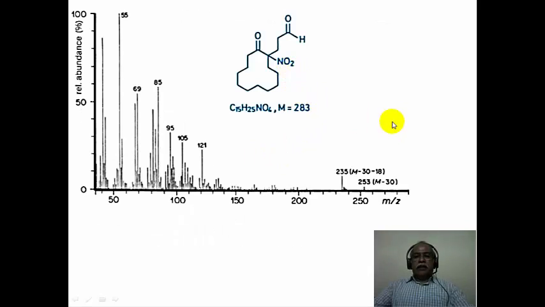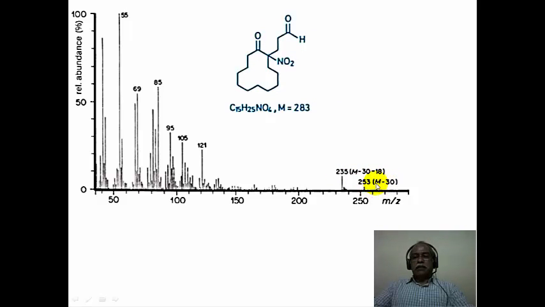This is a trifunctional molecule. There is a keto functional group, there is a nitro functional group, and there is an aldehyde functional group. Aliphatic nitro compounds typically tend to lose the NO2 group during the course of electron impact ionization mass spectrometry. In fact, the molecular weight is 283. You don't see any peaks around the 280, 283 region, indicating that the molecular ion is too short-lived to be registered in the electron impact ionization mass spectrum.